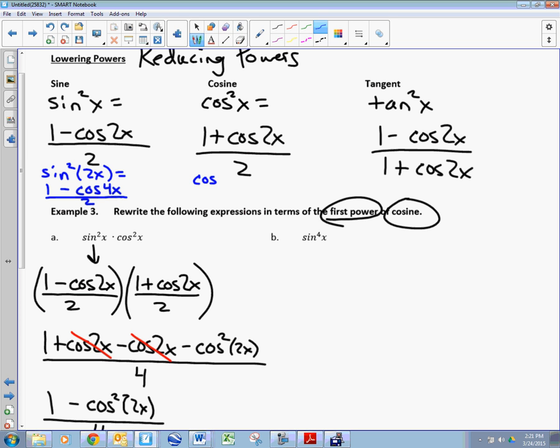Cosine squared of 2x is 1 what? Plus cosine of 4x, the angle doubles, over 2.